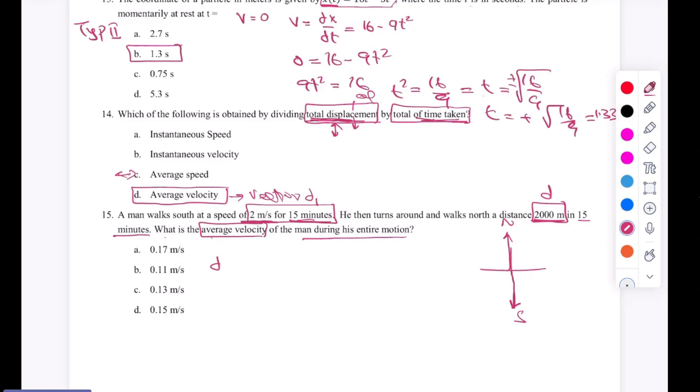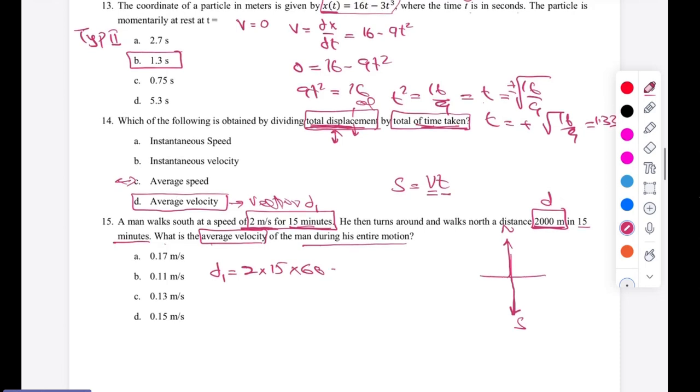So d1 we will calculate by s equals vt. You know that v is your velocity and t is time. Over here, which is given, 2 multiplied by 15 minutes, 2 multiplied by 15 multiplied by 60, because we convert minutes to seconds, which gives 1800 meters. And d2 we have 2000 meters.